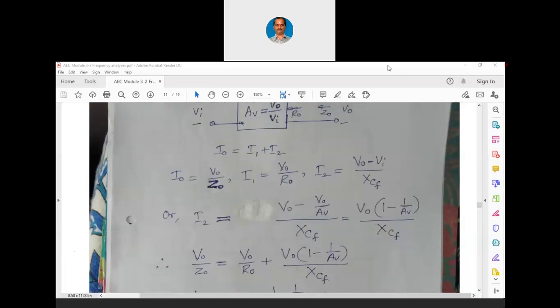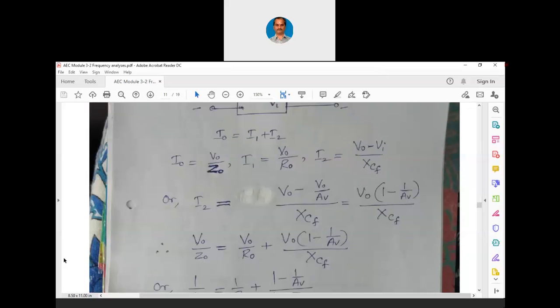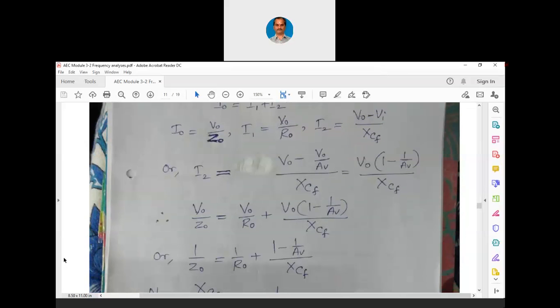Again let me annotate. We are going to represent this expression separately now. V0 by Z0 is I1 is V0 by R0 plus I2 is now V0 into 1 minus 1 by AV divided by XCF. So proceeding this way, V0 is common everywhere.